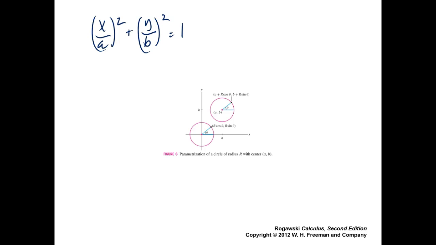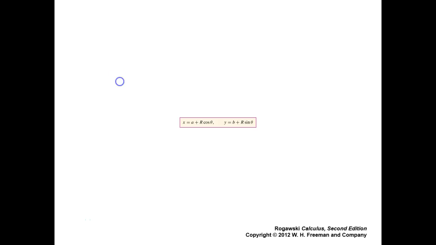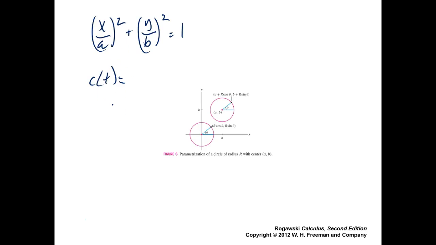Now the question is, show that an equation with this standard equation for an ellipse is parameterized by this: C of t is equal to A cosine of t, comma, B sine of t. Remember what your parameterization for a circle was?